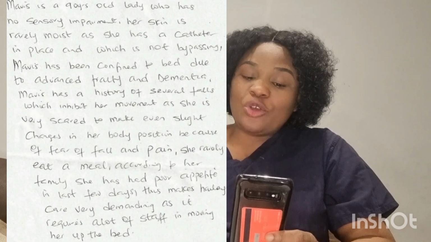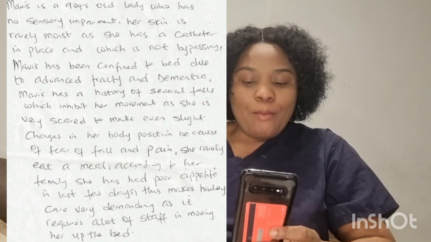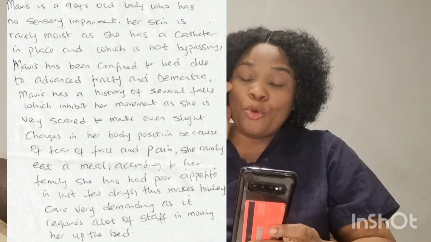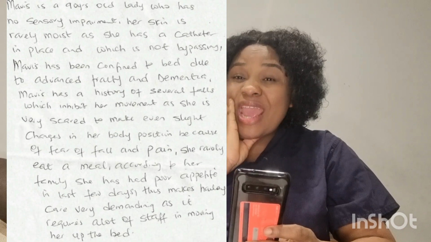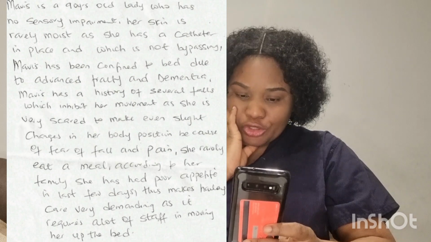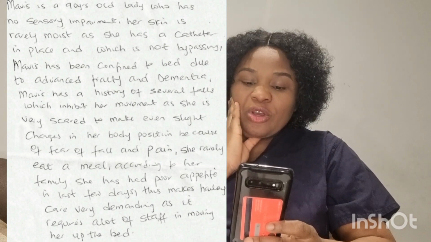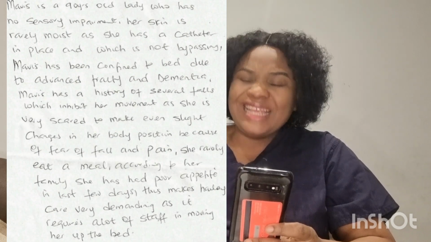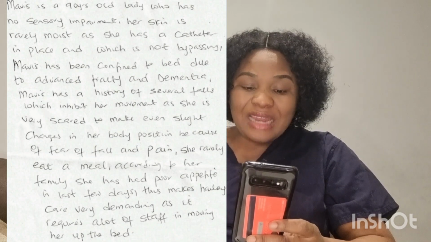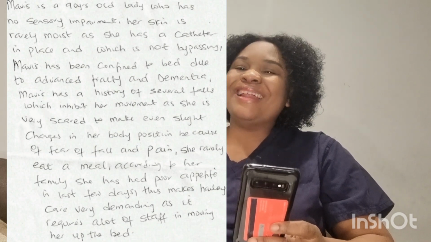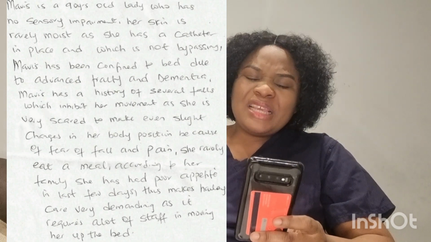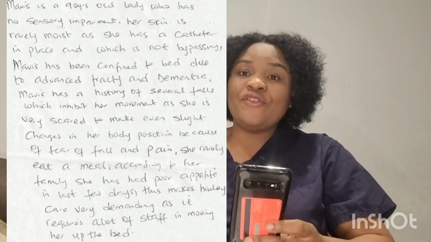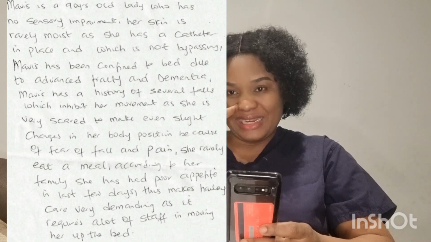Mavis has a history of several falls which inhibits her movements as she is very scared to make even slight changes in her body position because of fear of fall and fracture. Because of fear of fall and pain, she rarely eats a meal. According to her family, she has had poor oral intake in the last few days. This makes early care very demanding as it requires a lot of staff in moving her up the bed.